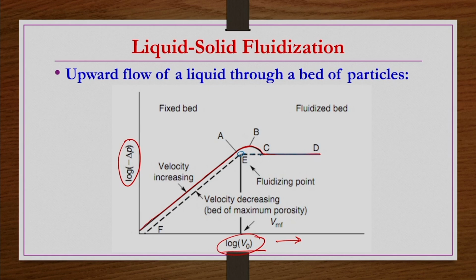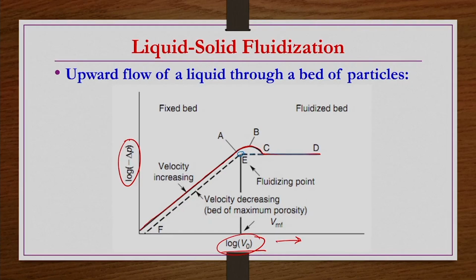Since the bed was initially fluidized and disturbed, and then the velocity was decreased, the particles settled down and rest onto each other. At that condition, the voidage is slightly higher than the initial packing voidage. That is the reason the pressure drop is slightly less up to this point E. Now, after this point E, if you further decrease the velocity, what happens?